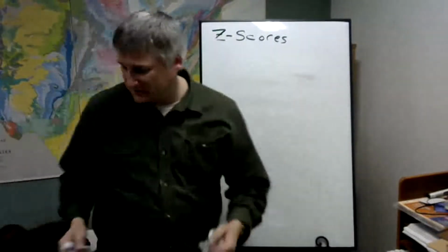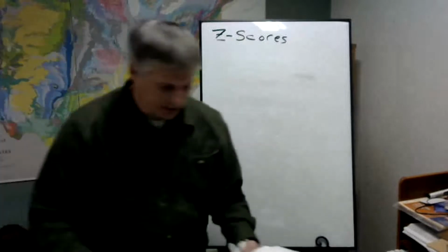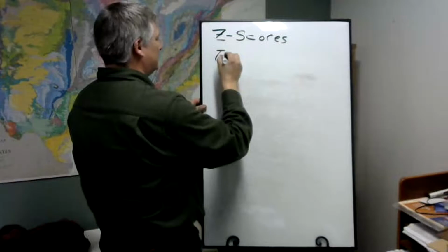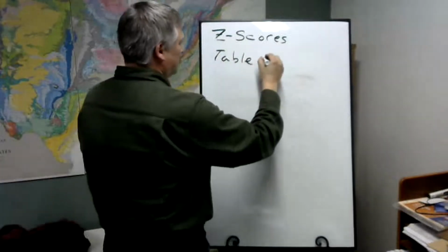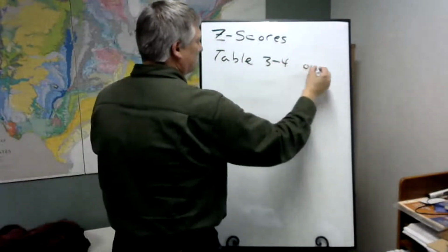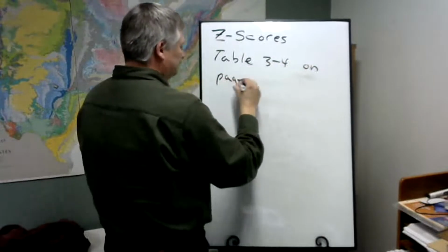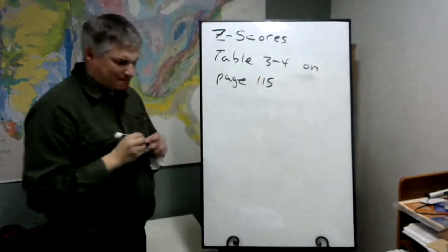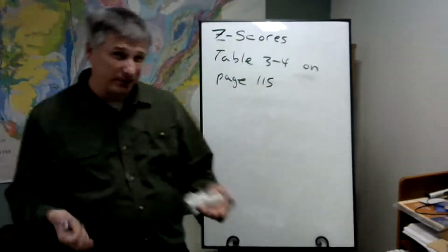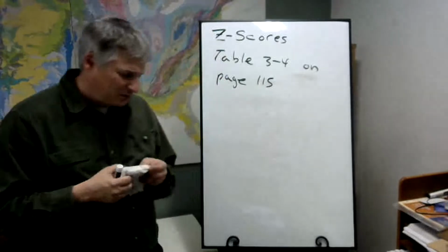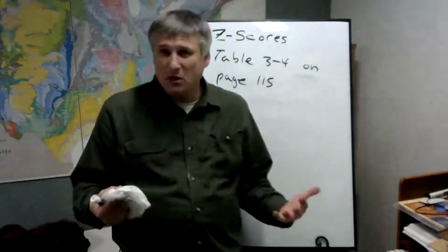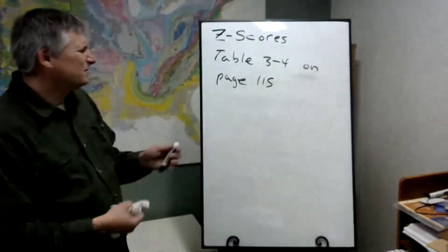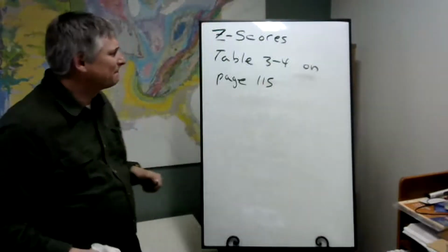Throughout this section, I'm going to be referring to a data set, table 3-4 on page 115. You don't have to actually look at this data set to do this. You can follow along the examples, but if it helps, go ahead, take a look at it. But you won't absolutely have to use it.